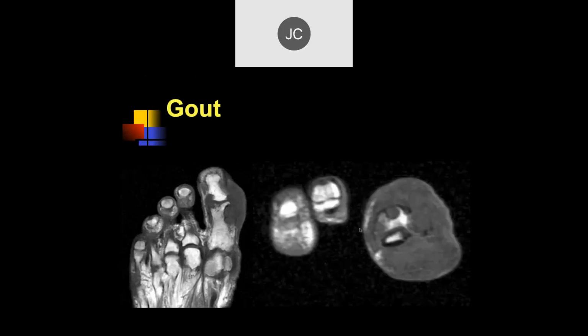Okay, that's a common area of gout, but what would you do if you saw a patient like that? Let's say you're an orthopedic surgeon and an internist or a family doctor sends the patient to you. What would he have done before he sent the patient to you if he's a good doctor?